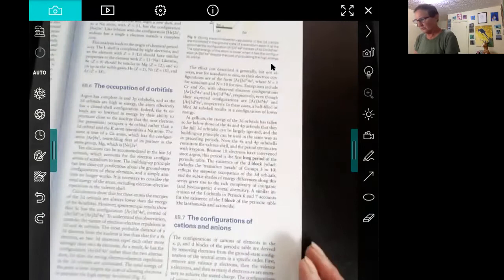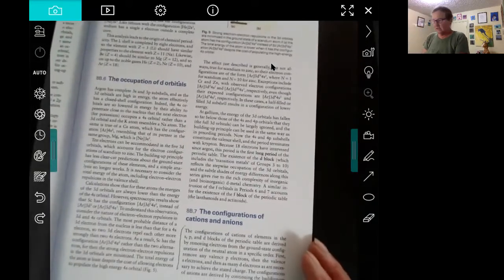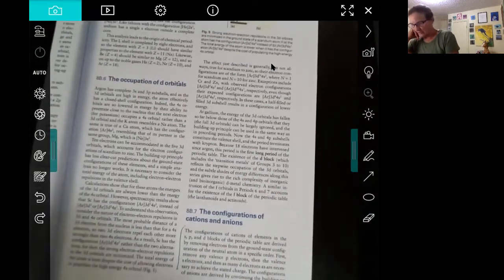So the occupation of d orbitals, I think you can read through that really easily. Hund's rule, there are 5 orbitals, so knowing when they're full. I don't think there'll be any surprises in there, but you can ask me questions if you run into anything.